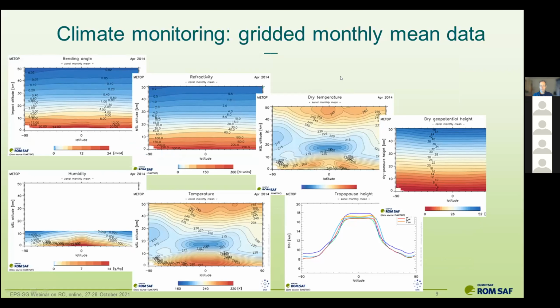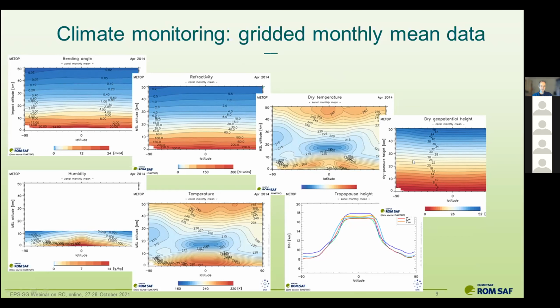Okay, so RO for reanalysis is an important application in climate. But we also do pure monitoring. In the EUMETSAT ROM SAF, we compute long time series not just from the EUMETSAT missions, but also from other missions. So here's an example of gridded monthly means of bending angle, reflectivity, dry temperature, and geopotential heights.